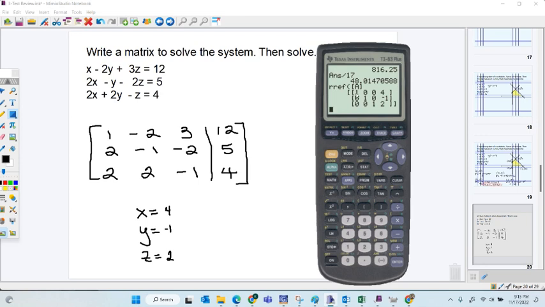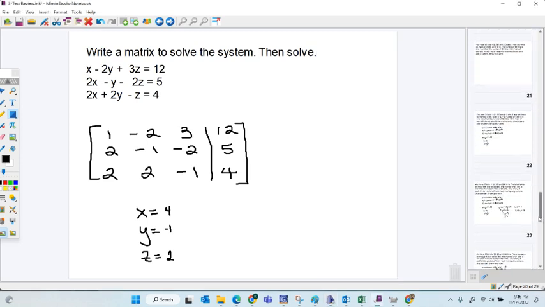Hit enter. And these ones mean that X is 4, Y is -1, and Z is 2. If it happened to have some decimals in it, you could use your math and fraction on the whole matrix. Okay.